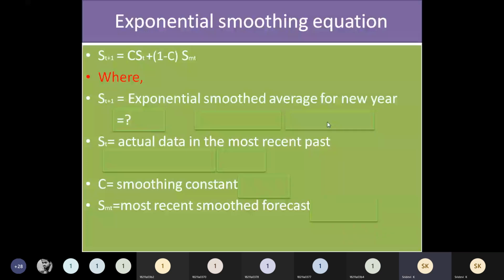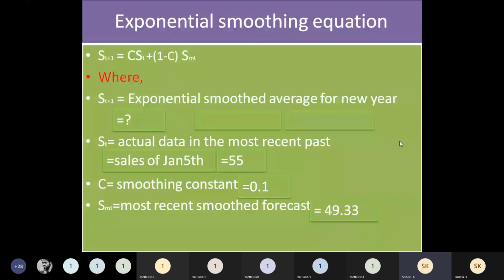And S(t) stands for the fifth day sales, so we are going to take 55, which was given. And 0.1 is the c value, the smoothing constant, which is also given. This 49.33 was identified by taking the average of 3 days. On the fifth day, it is 49.33 we got. So that value is called a smoothed forecast.